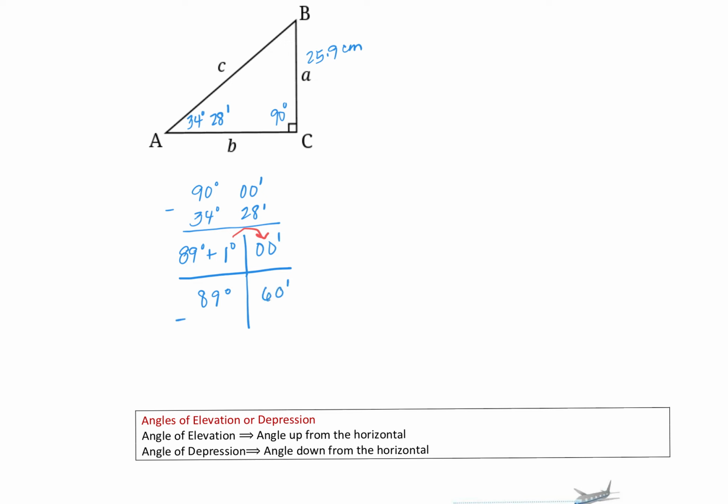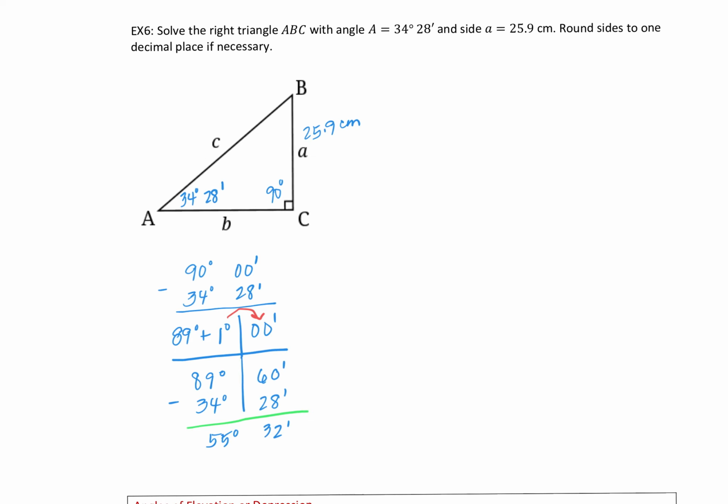So now when I subtract the 34 degrees, 28 minutes, again, we subtract them separately, so 60 minus 28 will give me 32. And then I get 55 degrees. So 55 degrees and 32 minutes.